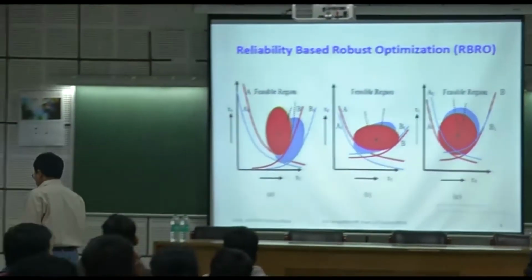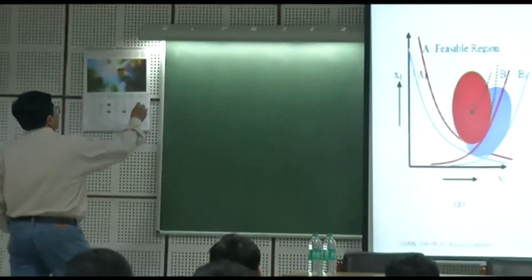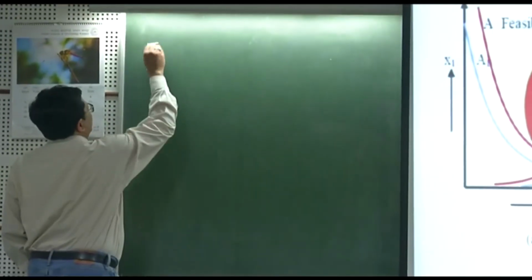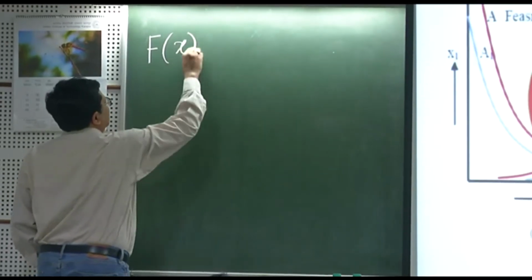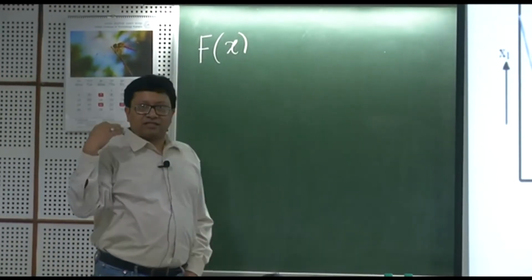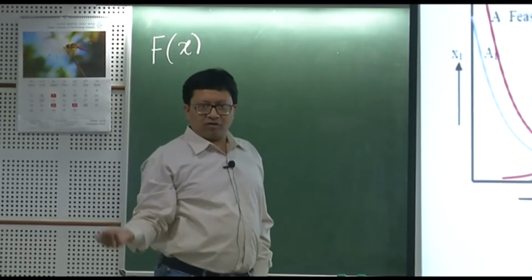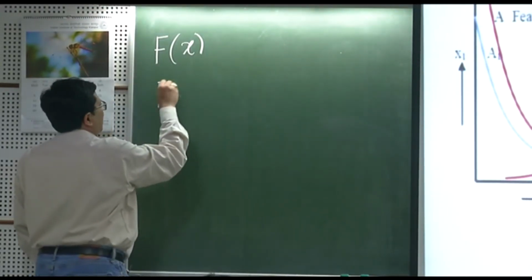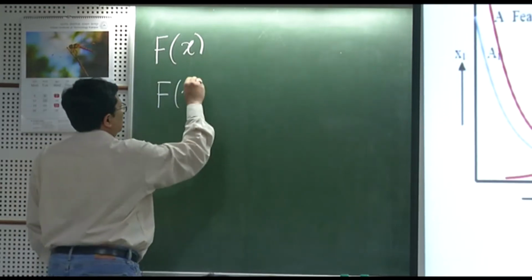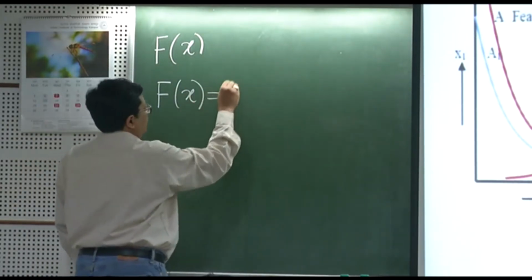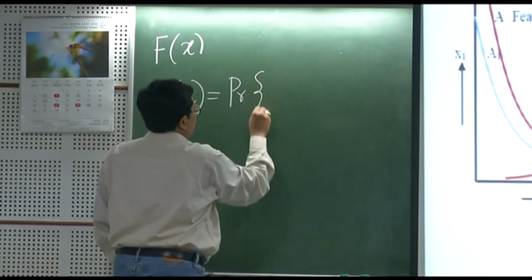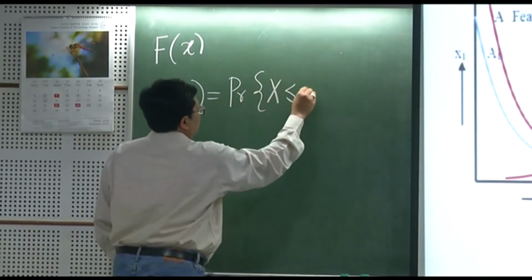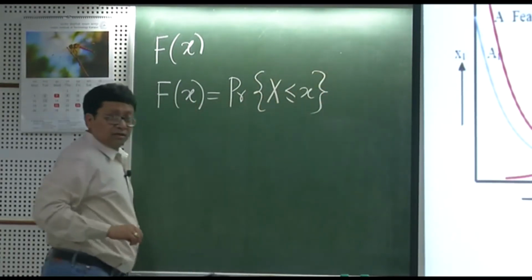The first one is this. Consider your probability distribution function is F of x, and this x can be either a scalar or a vector. We know F of x is the probability which we are trying to find, and based on that we proceed.